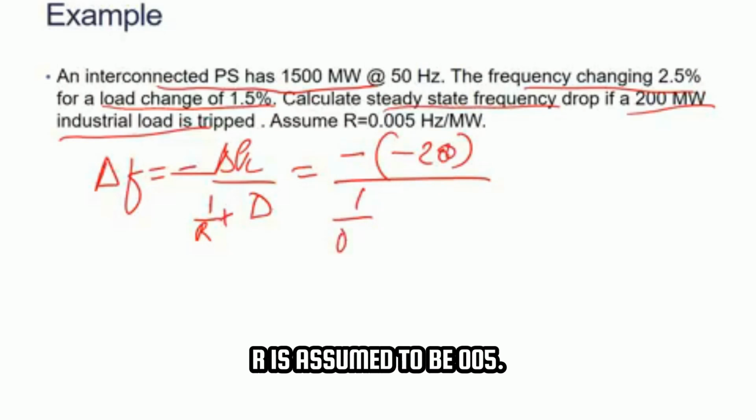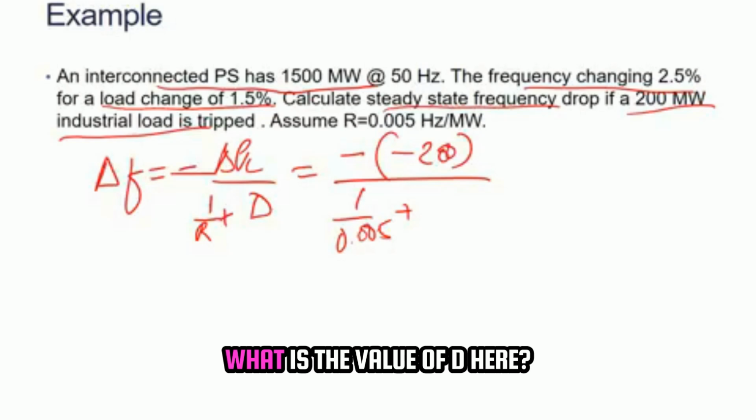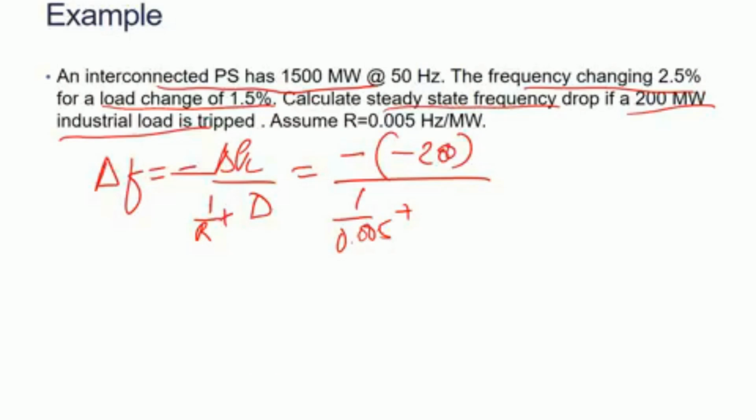R is assumed to be 0.005. Now what is the value of D here?